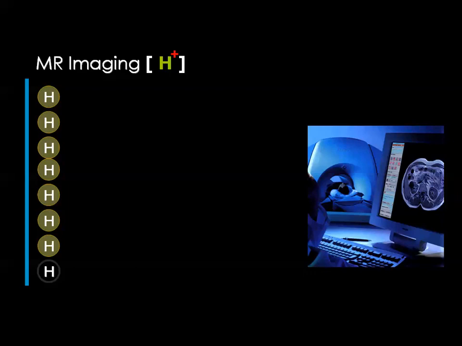Now, if you have the radio frequency coil, which is able to produce radio frequency compatible with the frequency of vibration of the hydrogen atoms, then you expect that whenever you push the button of this radio frequency coil, the hydrogen will move.